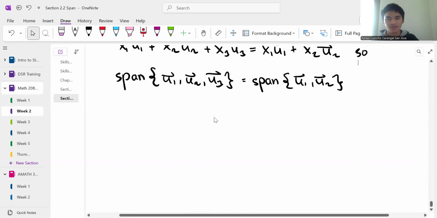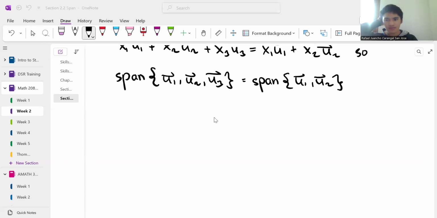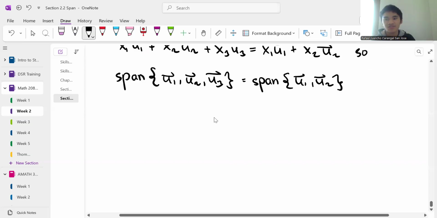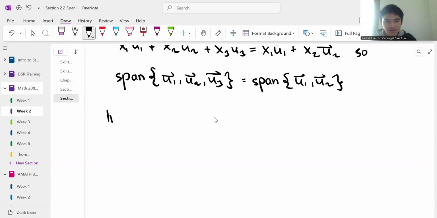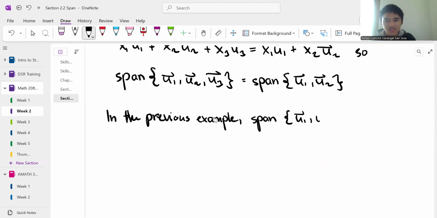So the spans of these are equal. In the previous example, we know that the span of this thing is not R3.